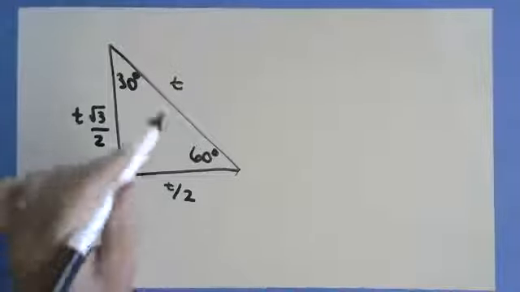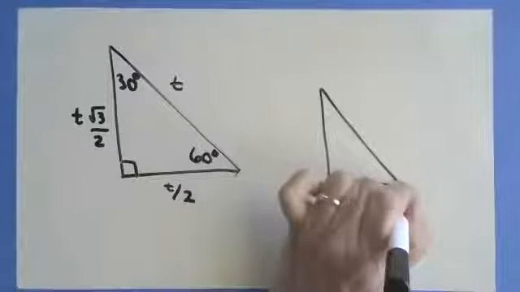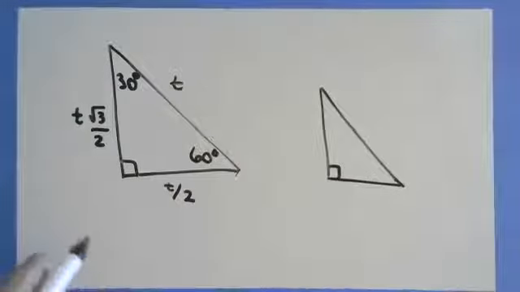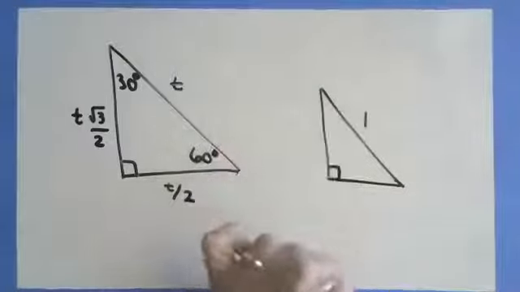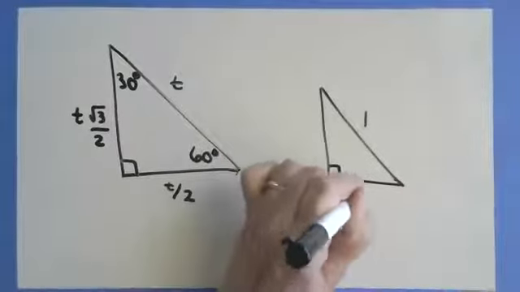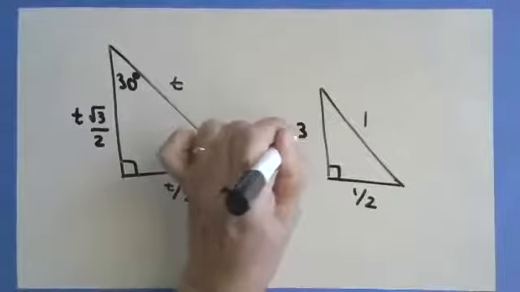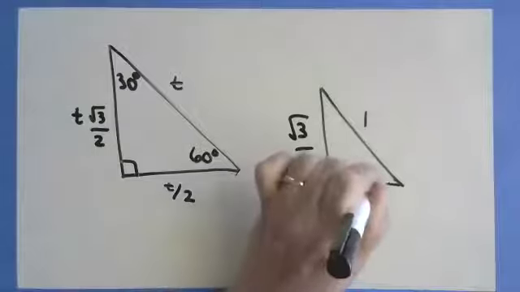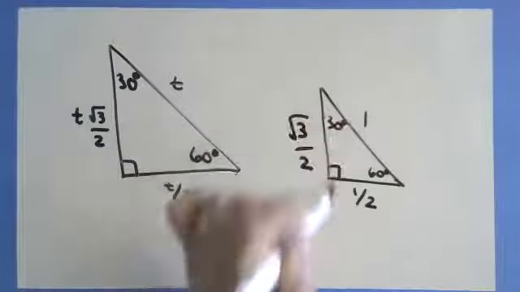Remember that T can be any length, so sometimes we just reduce the relationships to be a little bit more blunt. If this hypotenuse length is 1, then this leg length is 1/2, and this leg length is the square root of 3 over 2. And we know that this angle is 60 degrees and this angle is 30 degrees.